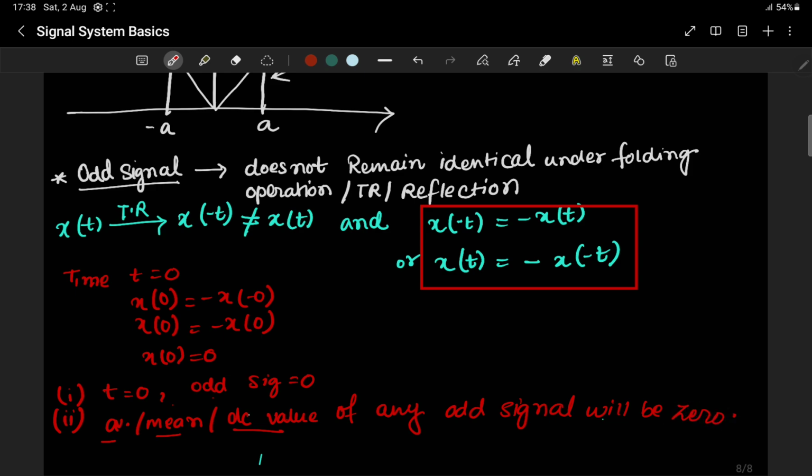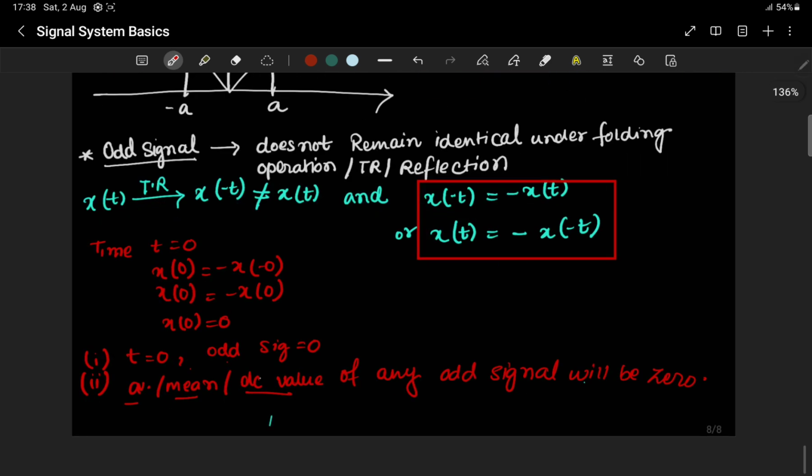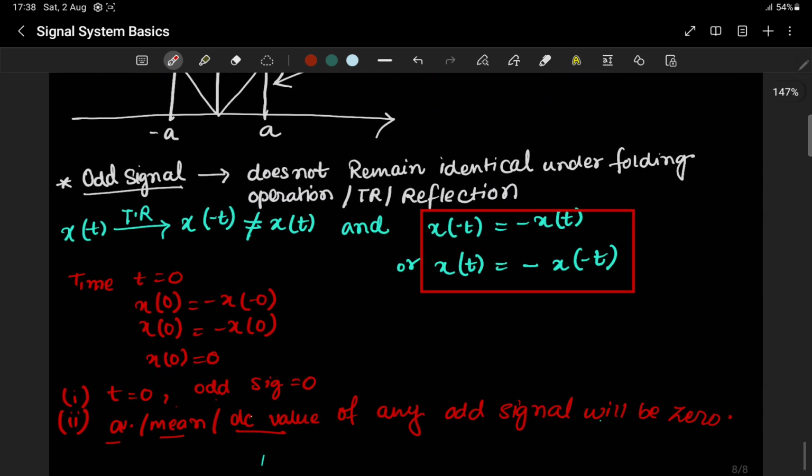Okay, so this is where I conclude over here. So this is the thing. Just give me an example of it. The first example that comes to your mind after seeing this, I think it is going to be sine. Because do you remember what we take as sine? When I tell you about the sine, this is sine omega t, doing the time reversal.